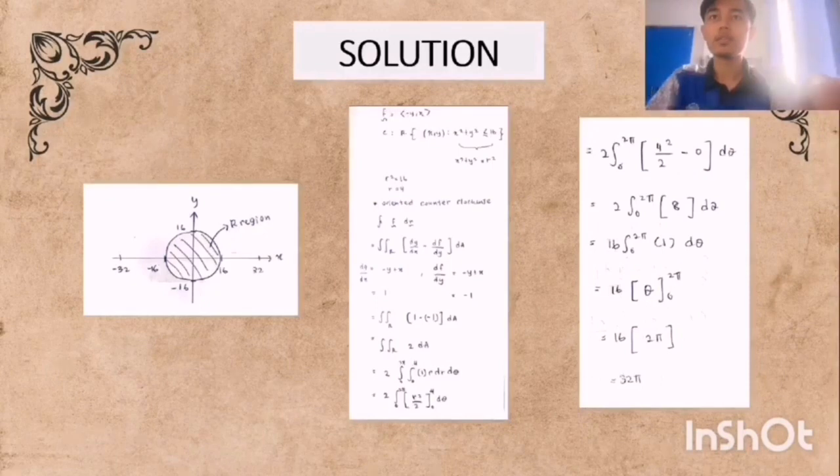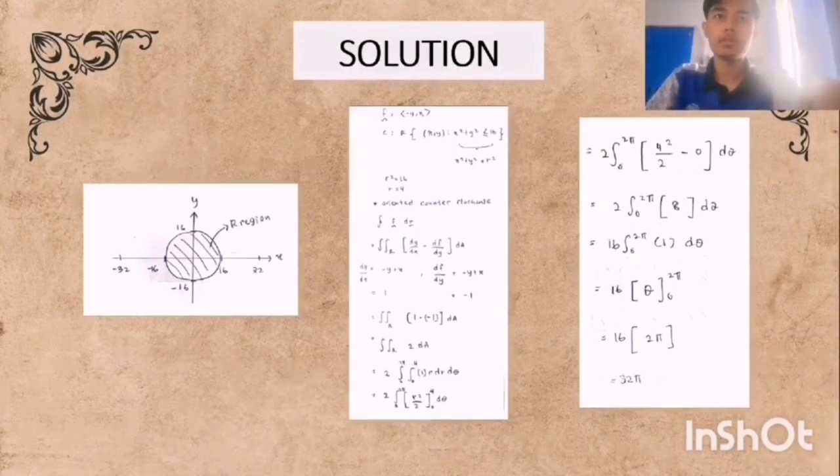Okay, in this solution that we already did, the inside of the circle is our region, which is the radius region. We use the circle formula, which is x squared plus y squared equals radius squared.